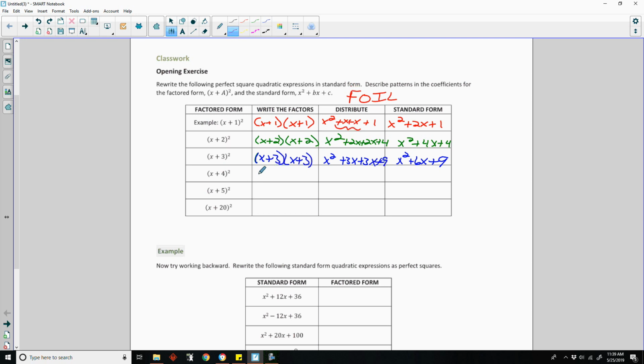Okay, the next one. X plus 4 times itself are the factors.